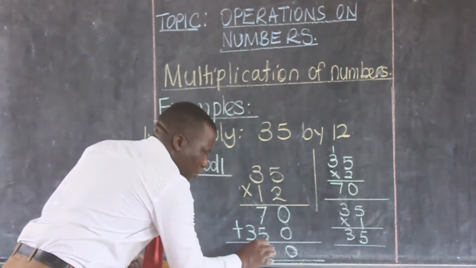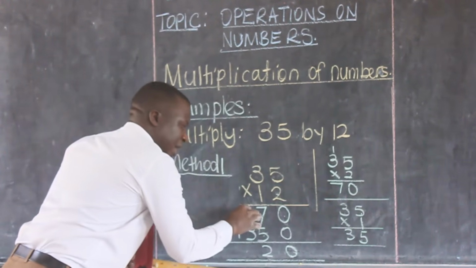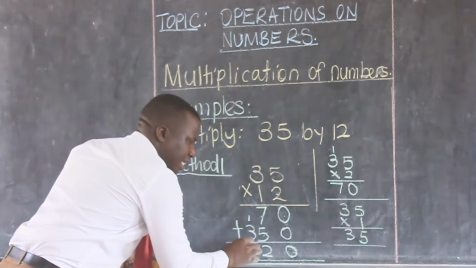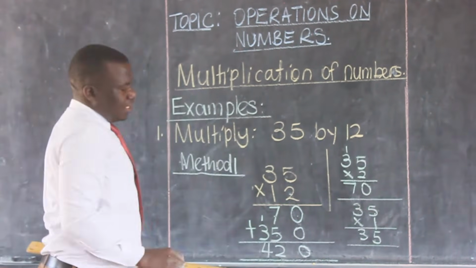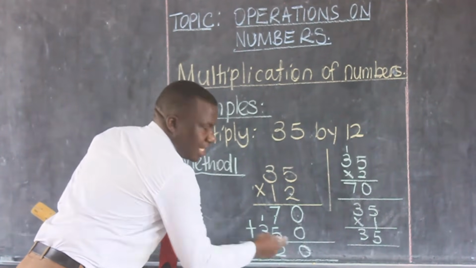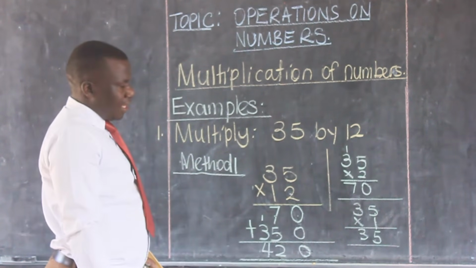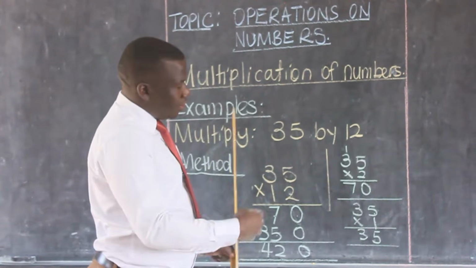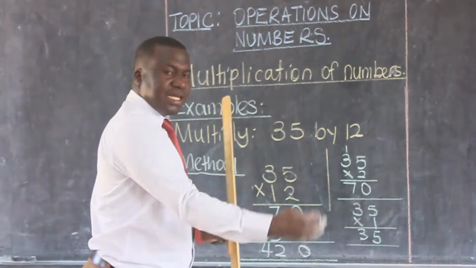You write 2 and then you carry 1. Okay? Then what is 1 plus 3? Is 4. So it means your final answer is 420. Okay?